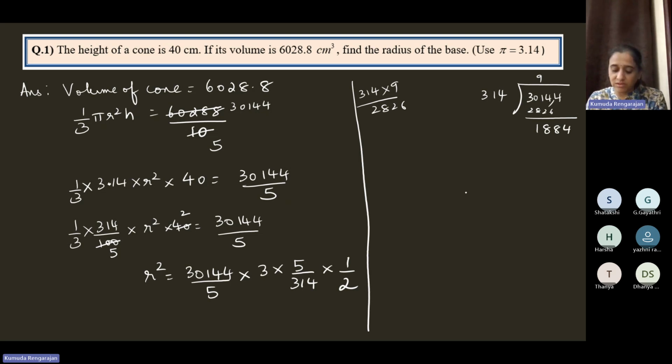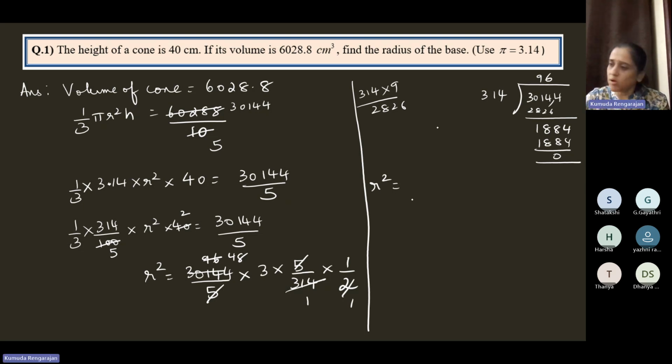It should be into 6. 314 into 6. So 6 fours are 24. So 314 ones are 314, 96 times. Then 5 and 5. 2 ones are 248. So R squared is equal to 48 into 3.